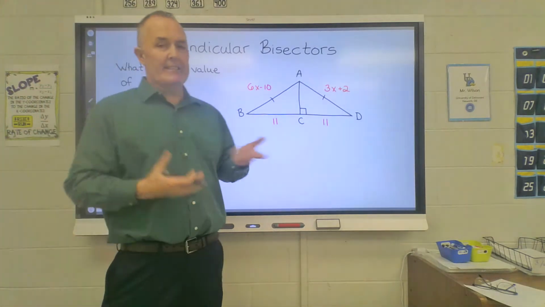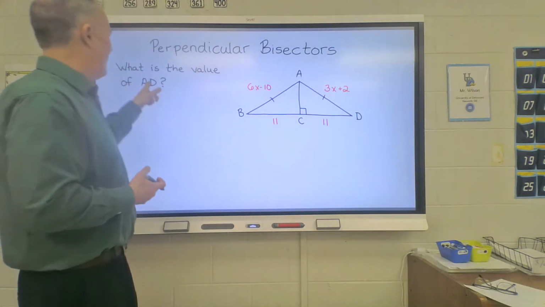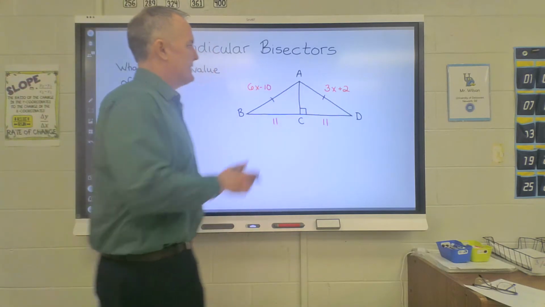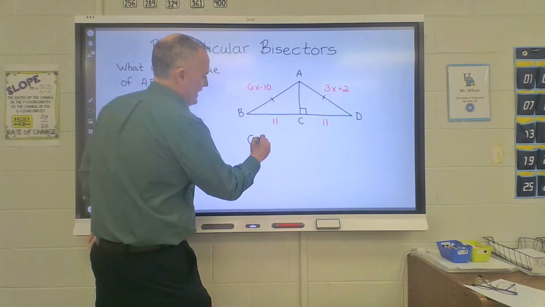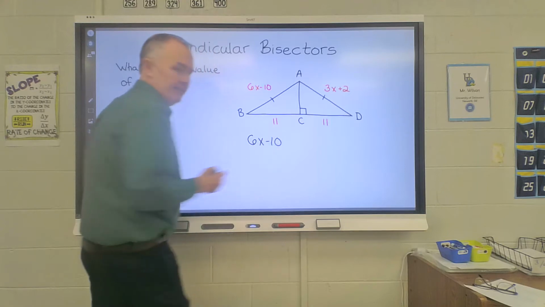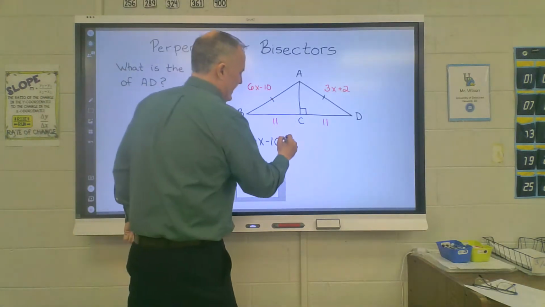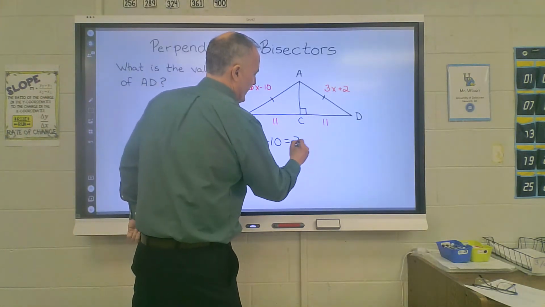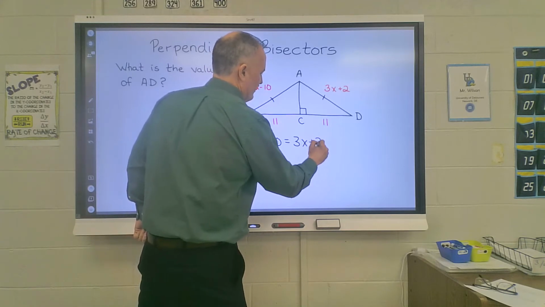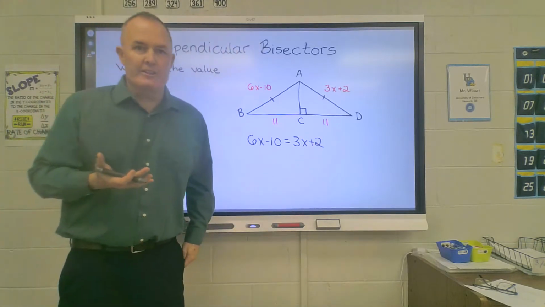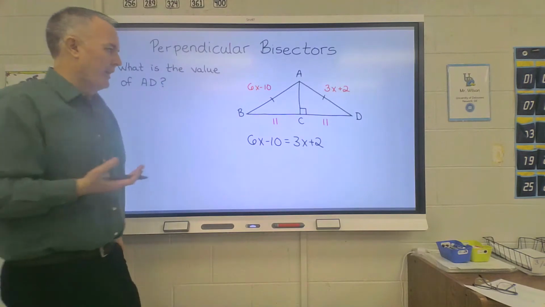If they're equidistant, that means they're equal to each other. So to solve for the value of AD, I would simply take 6x minus 10 and set that equal to 3x plus 2. Now the geometry part's done.